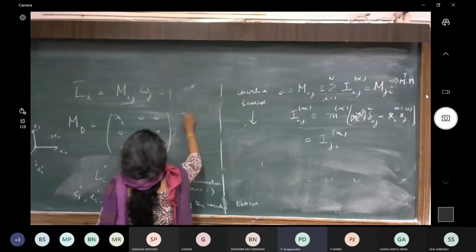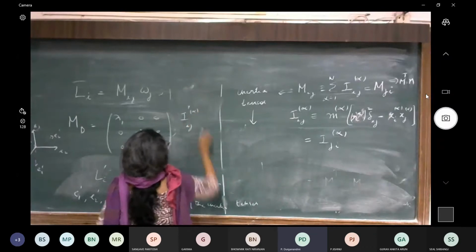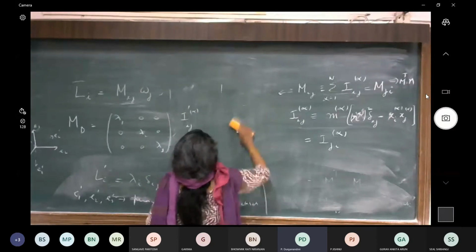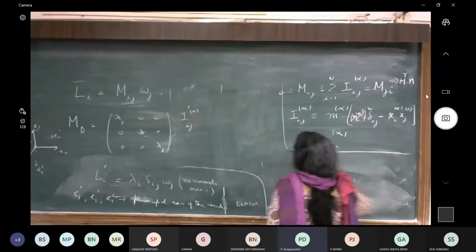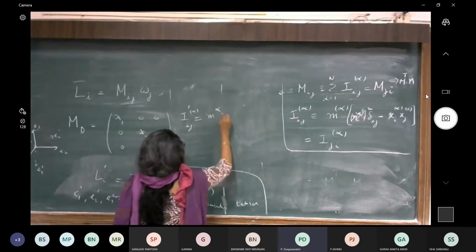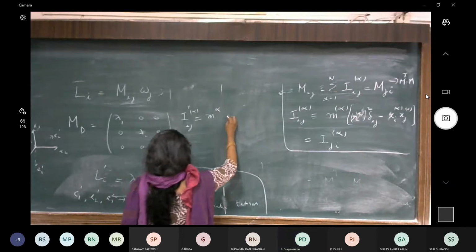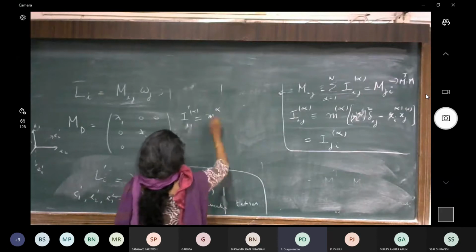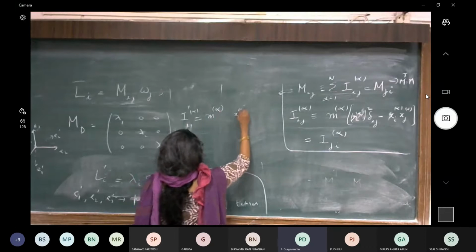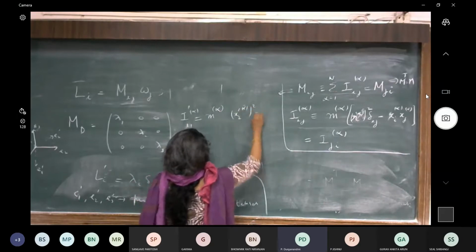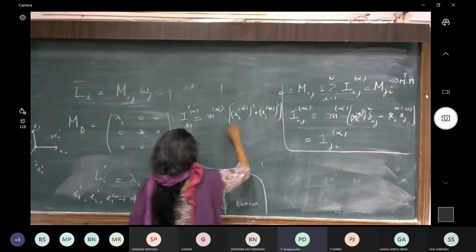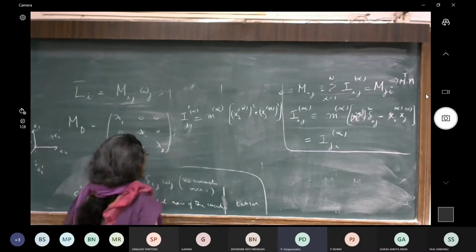So in this basis, your I prime ij alpha will be simply equal to, I'll just write out each element, I1 multiplied by m alpha times that; that's what we will get for I1.